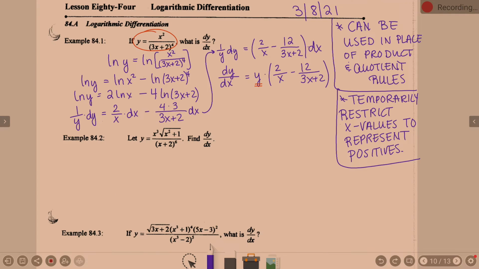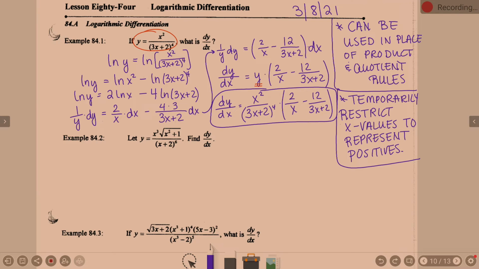So to finish your answer, to find this dy dx, you're going to take the value of y and replace it in the equation. So x squared over 3x plus 2 to the fourth, and then still times 2 over x minus 12 over 3x plus 2. If you can see it there in the mess of everything else, that is your final answer.